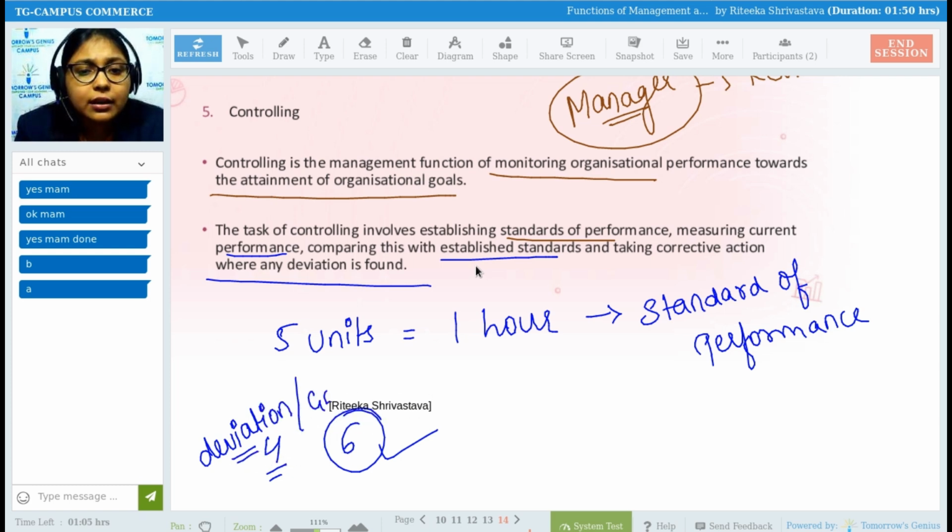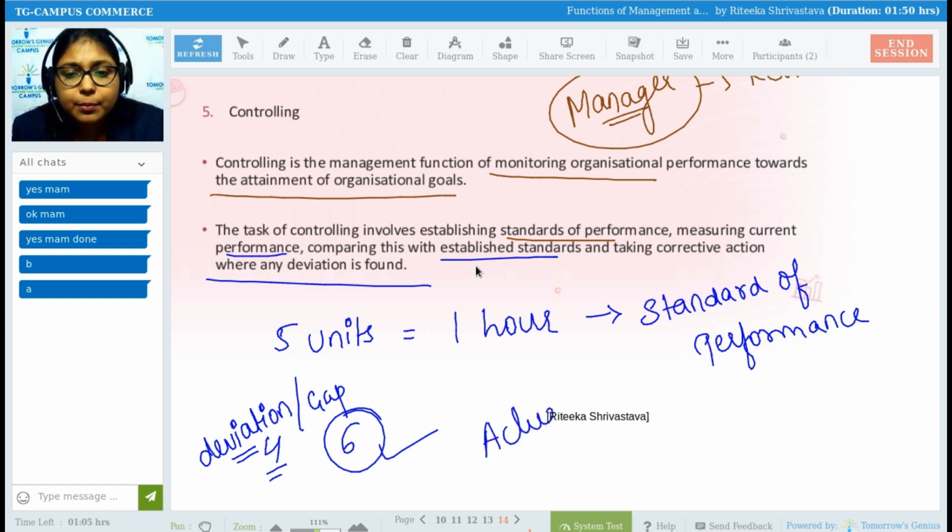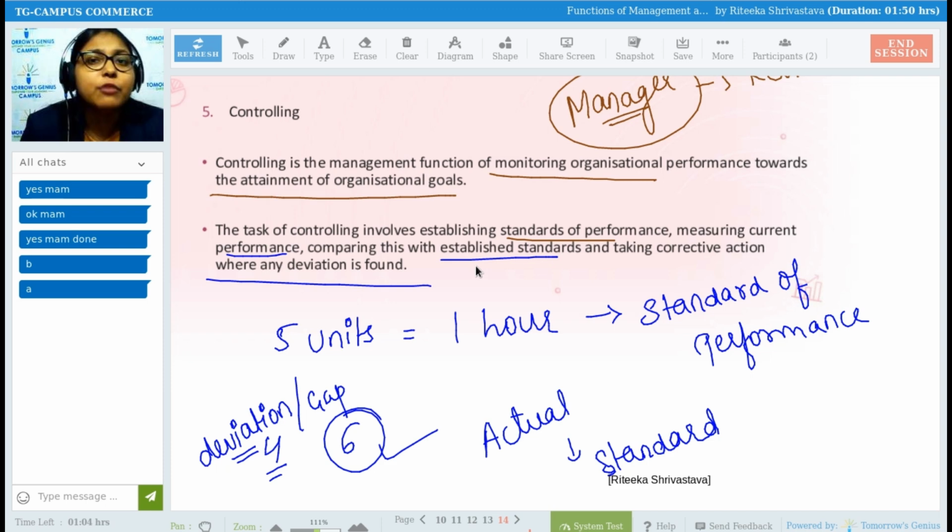Deviation is nothing but gap. Gap between the actual performance and the standard performance. If there is a gap between actual performance and standard performance, it is called deviation. So I will say, okay, there is some deviation here because I am comparing Mridula's current performance with the standard performance.